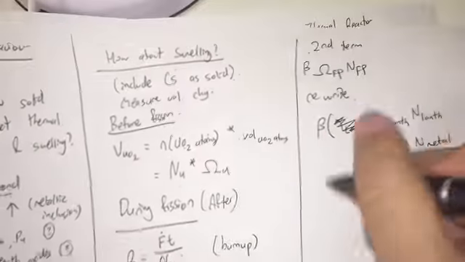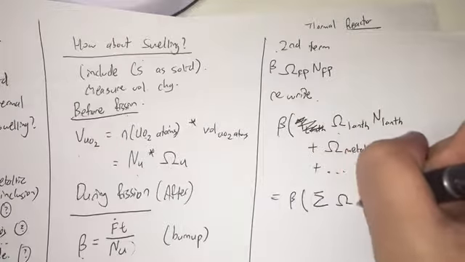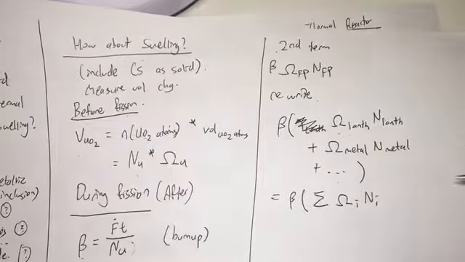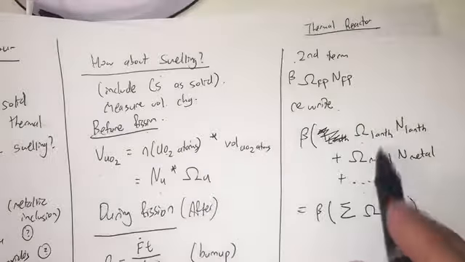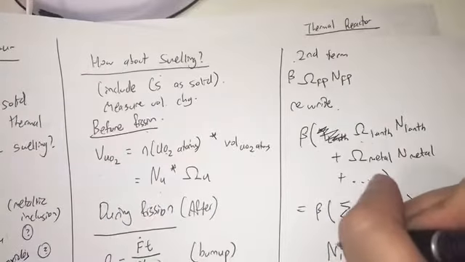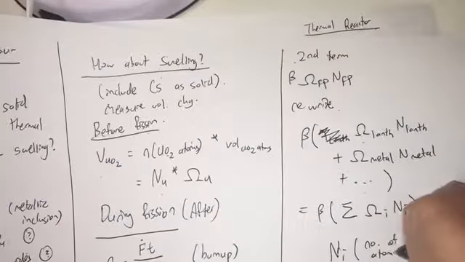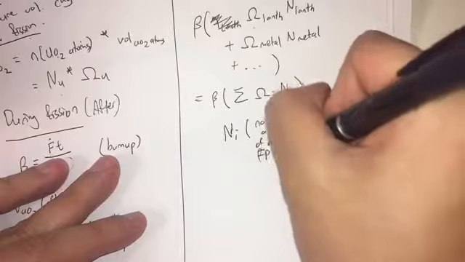So this we can write as summation of the fission products of the various groups. So we sum all these up together. Now how can we write this? This is the number of atoms of a fission product group.